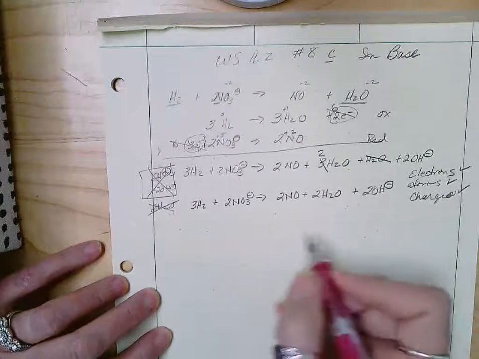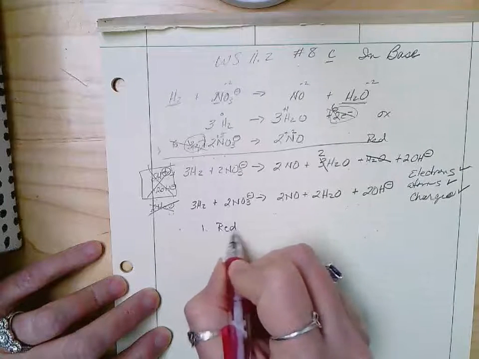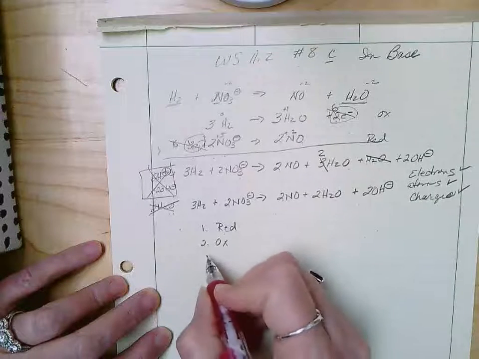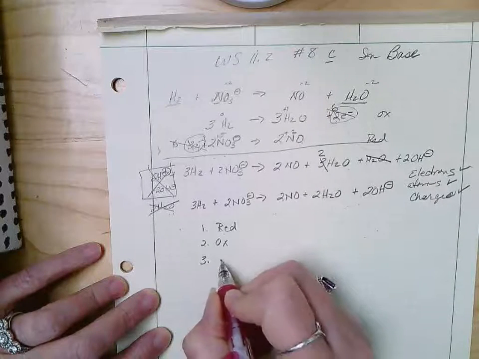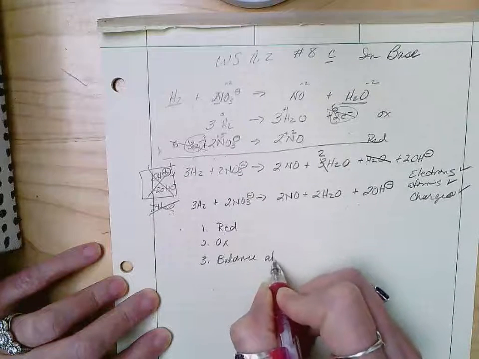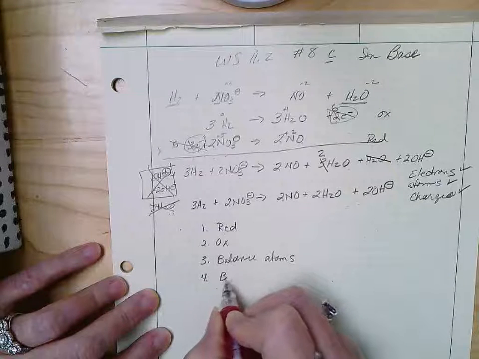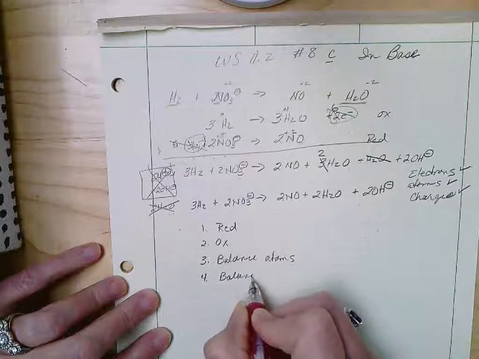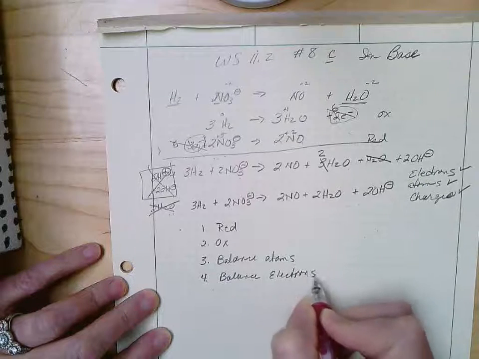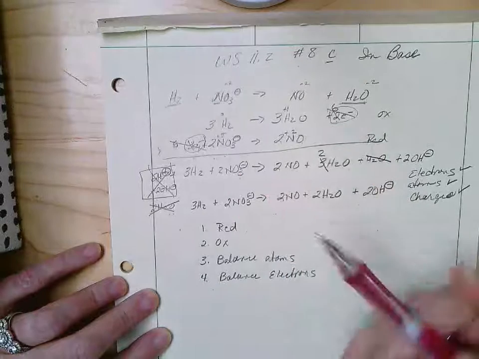So what are the steps? So 1, you do your reduction. 2, you do your oxidation. You can do those in either order. 3, then you balance atoms in those 2 reactions. Then you balance electrons in those 2 equations. We have to transfer the same number of electrons.